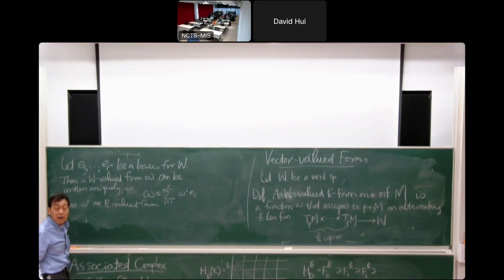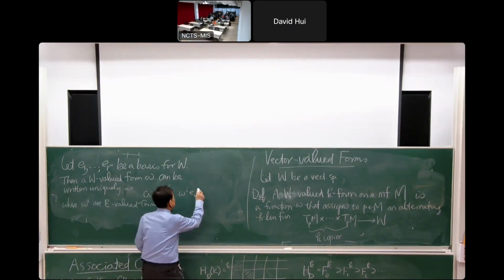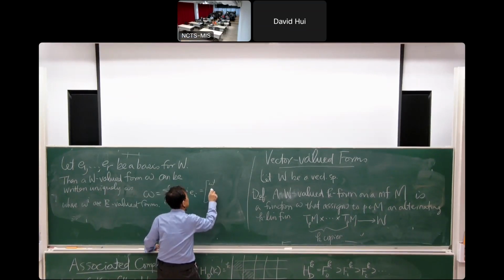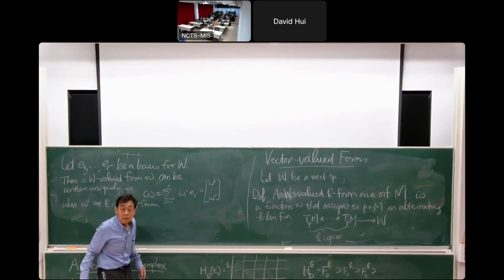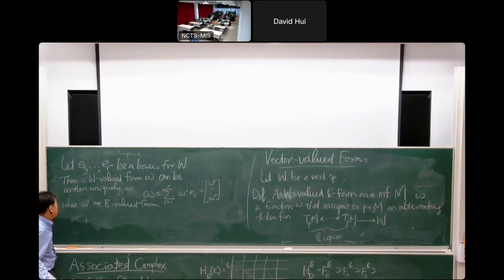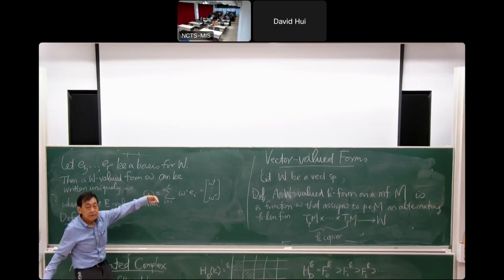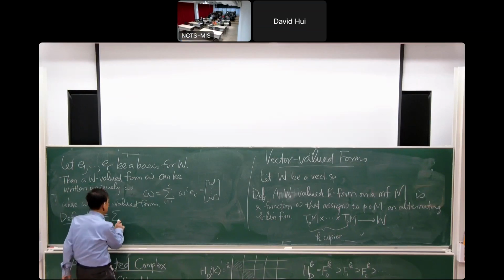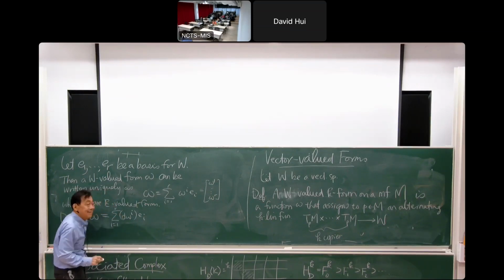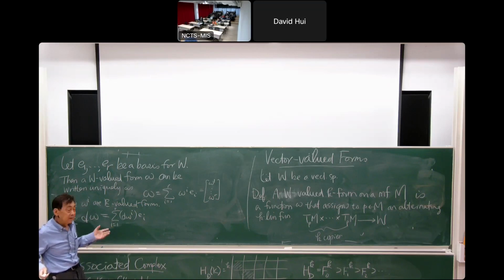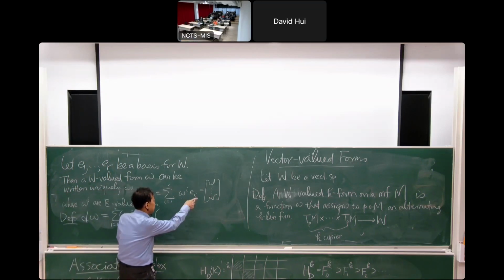Okay. So you basically think of W as a column vector. You think of omega as a column vector of ordinary forms. And then d omega is just, you take d of each component. Okay? And you show that this is independent of the choice of bases.